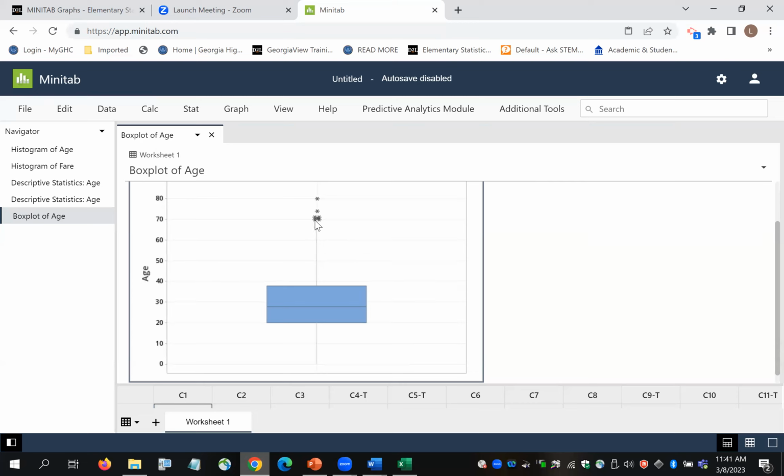And then I have several others. All these ages up through here, 70, 74, 80 are outliers. So the whisker only comes out to the point where the outliers begin. The last outlier is at the maximum point.